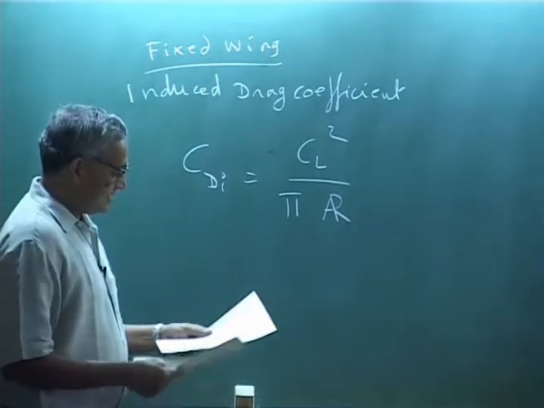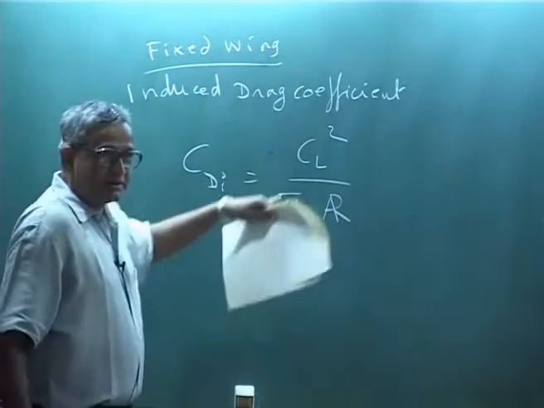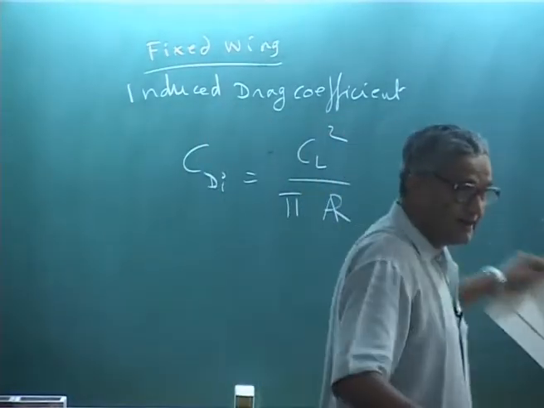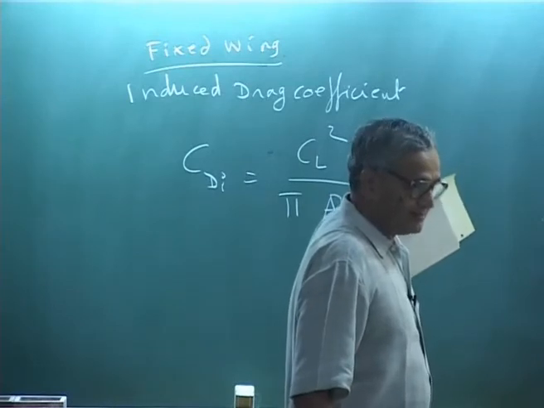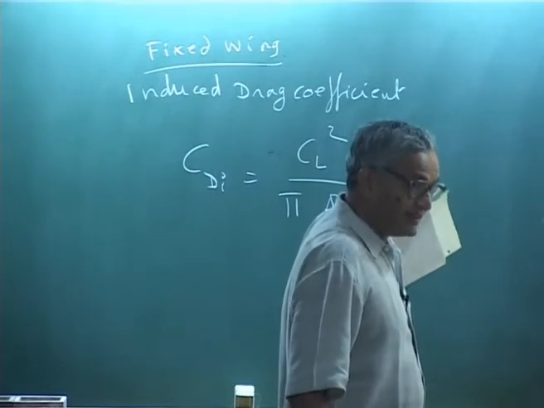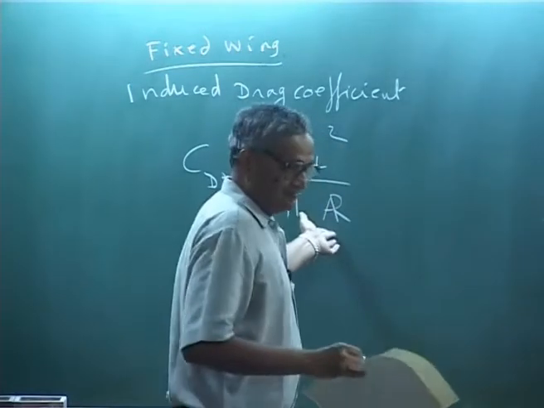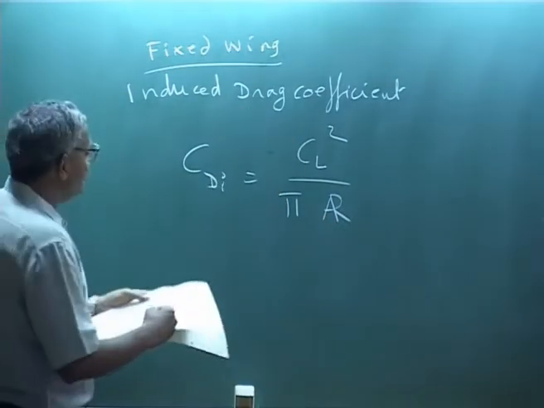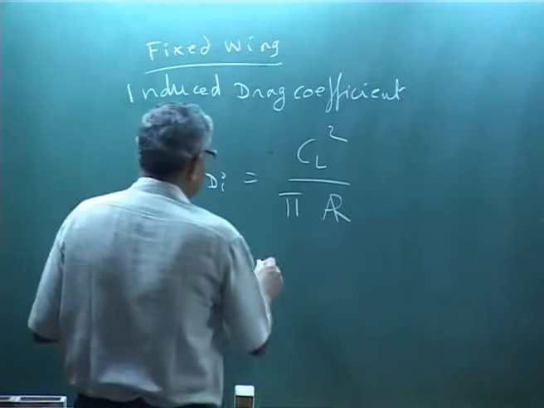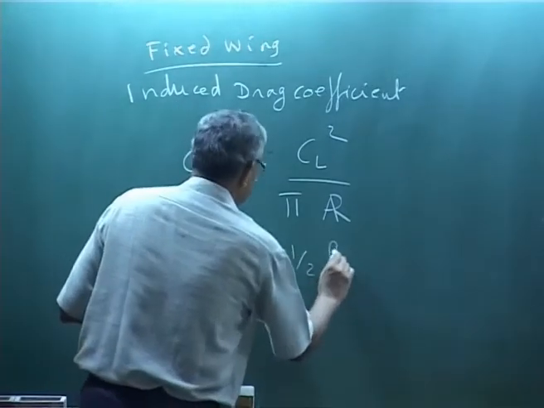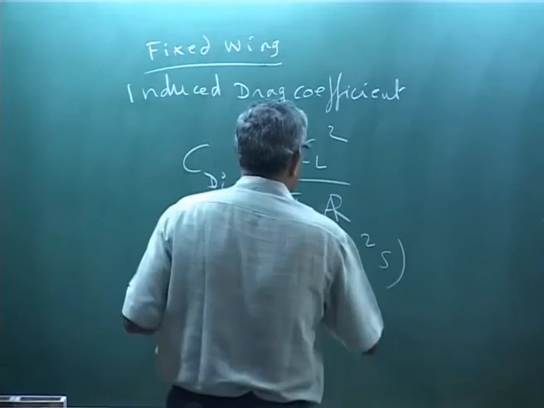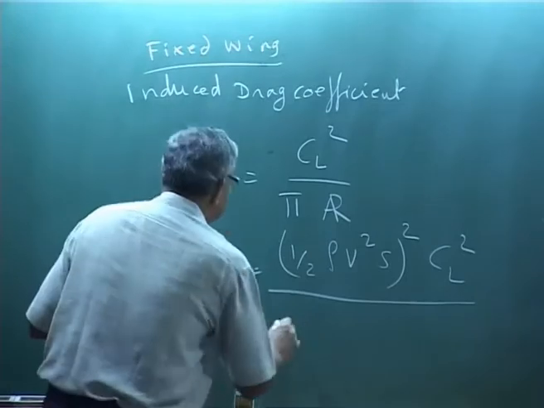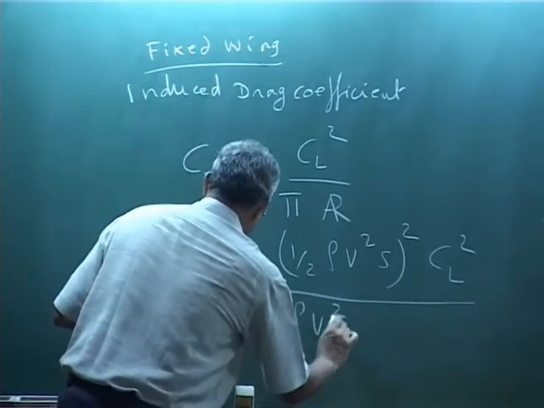Now what you do is, you take this, you multiply by, what is CL? CL is nothing but lift coefficient of the wing. Please understand, this is a finite wing theory, because aspect ratio is there. Okay, you remember this. Now you multiply both sides by half rho v square s whole square CL square divided by half rho v square s.